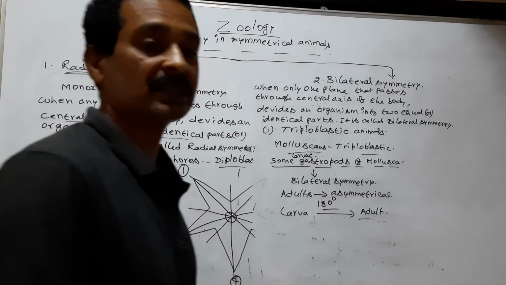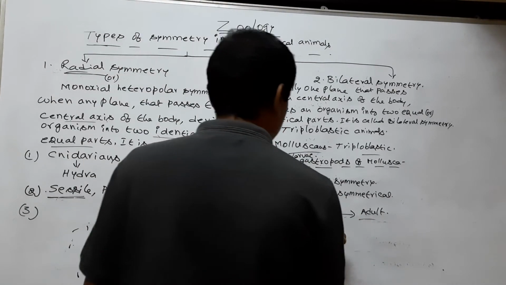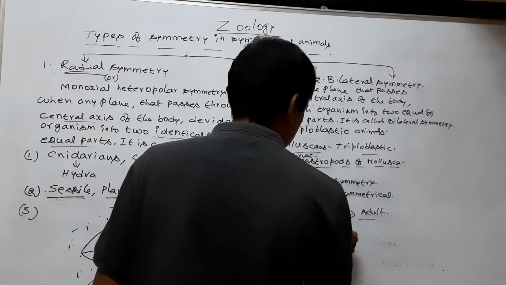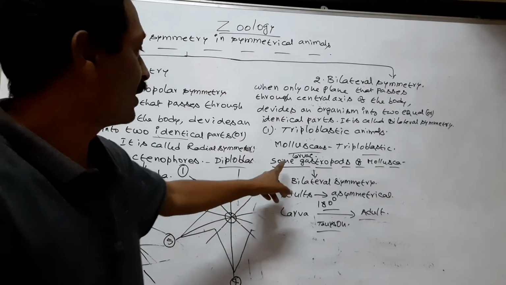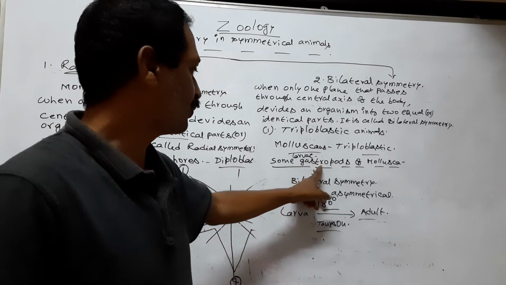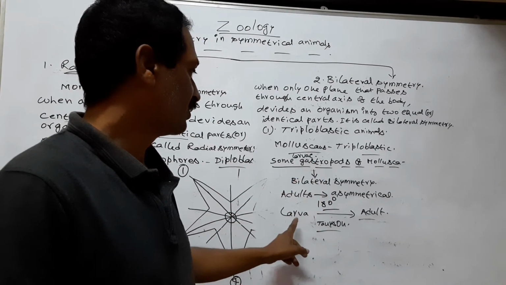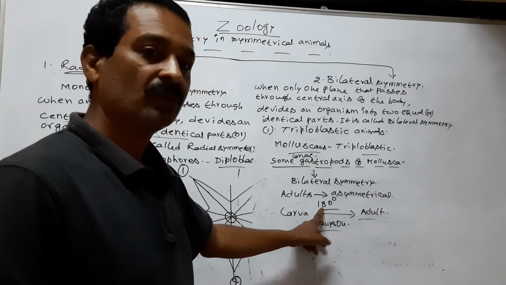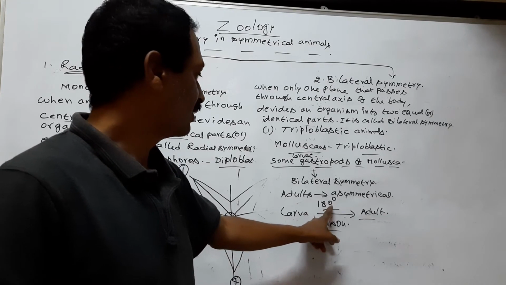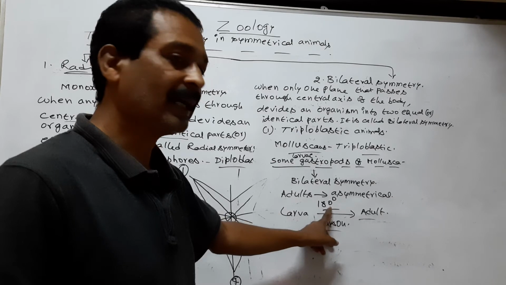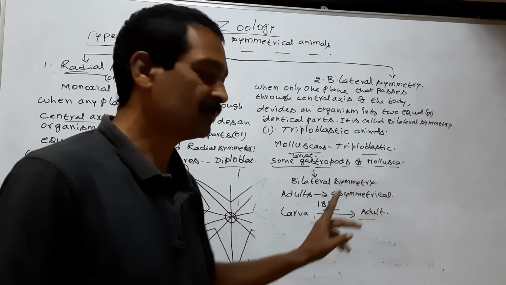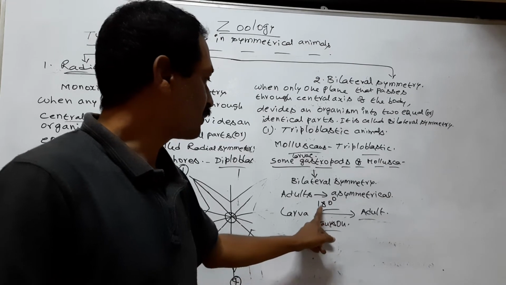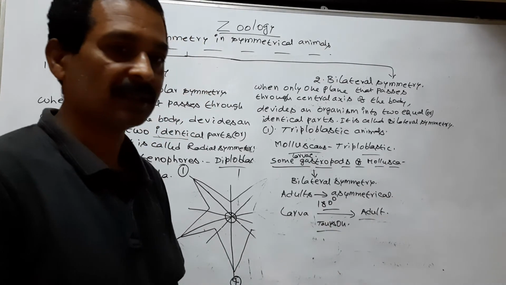This process is called torsion. So some of the larvae of gastropods turn 180-degree angles and develop into adults. This process is called torsion.